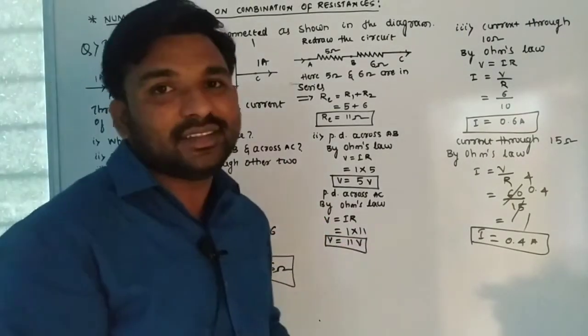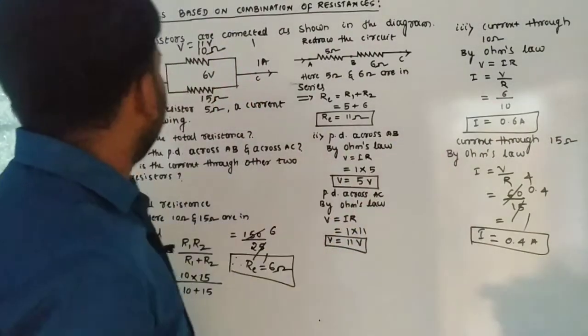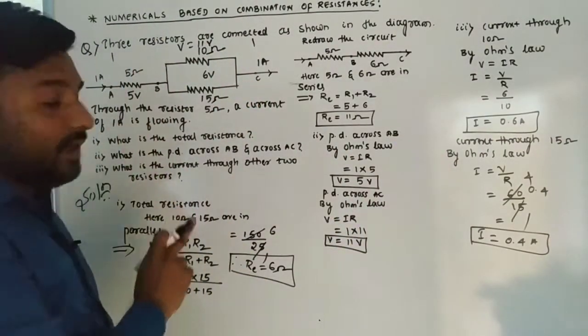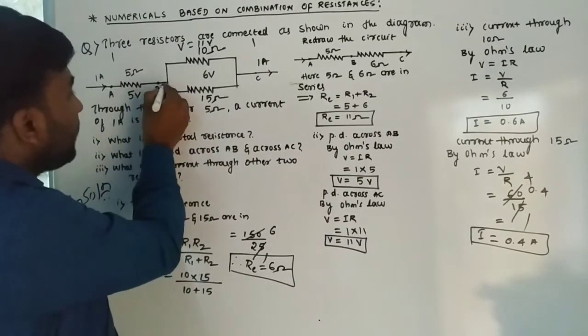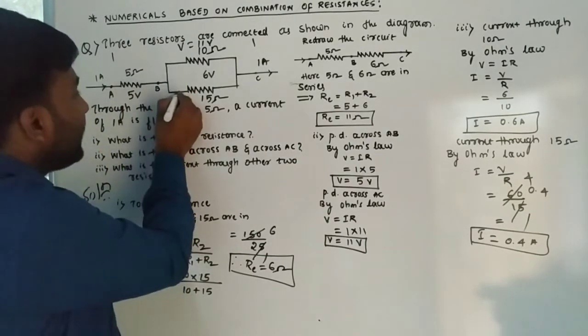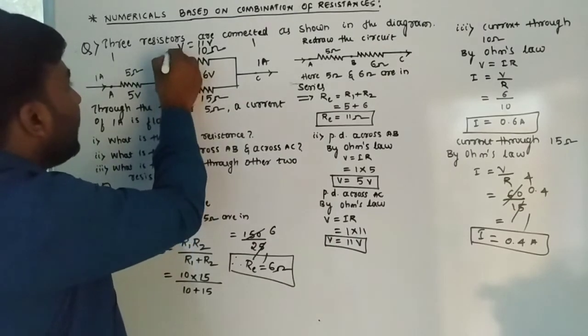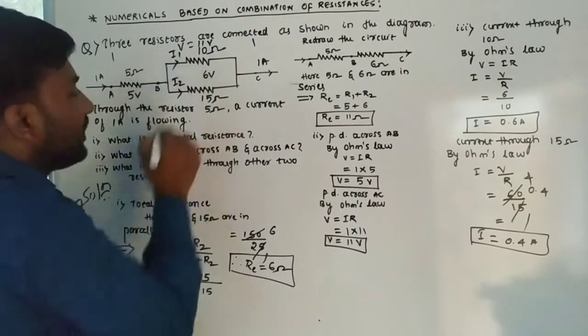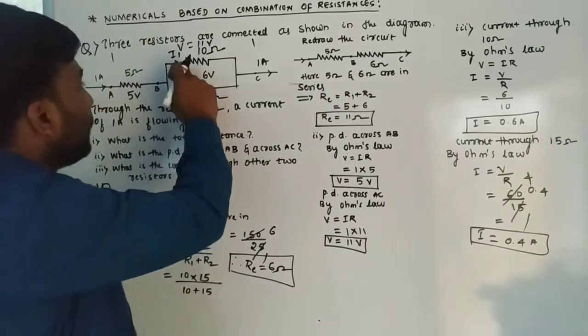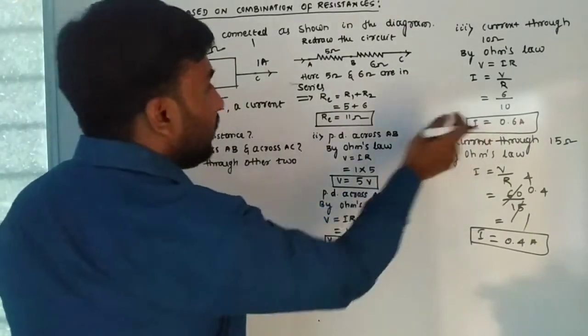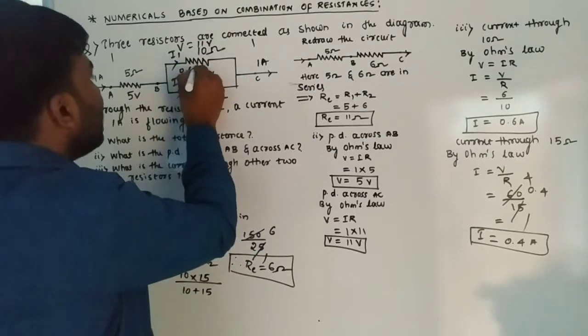You can cross check the answer. Look at here. The main current is 1 ampere. When the current reaches the point B, it has 2 paths. Let's suppose that it is I1 and I2. So the current is 1 ampere. First one is 0.6 ampere.